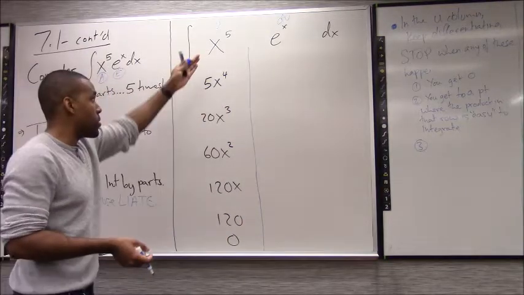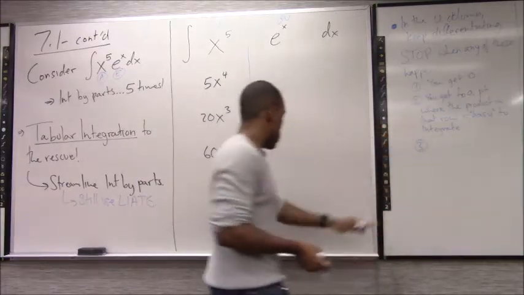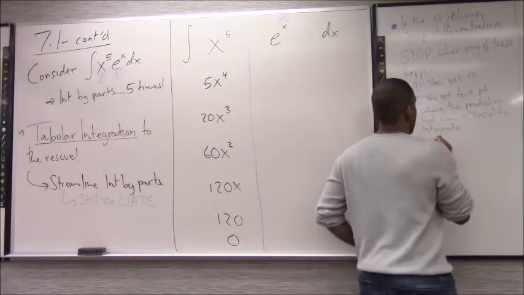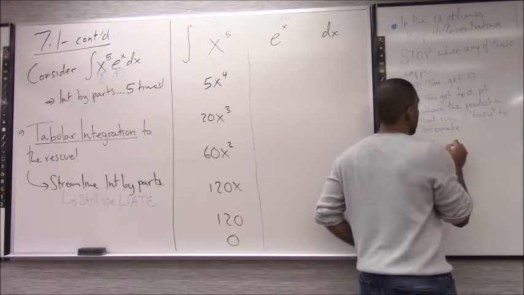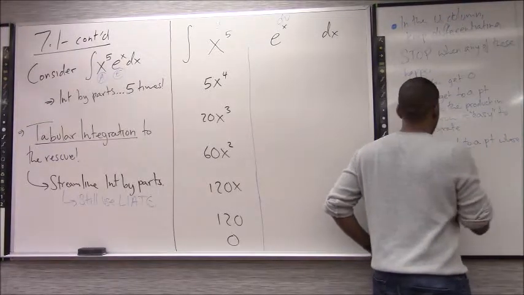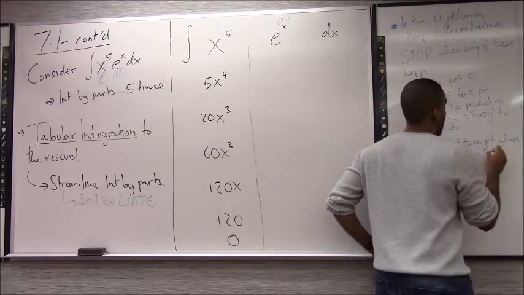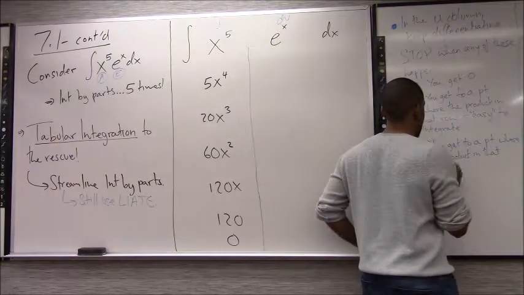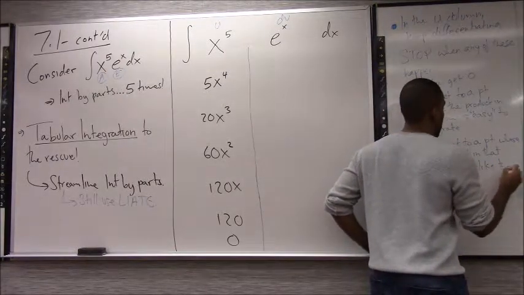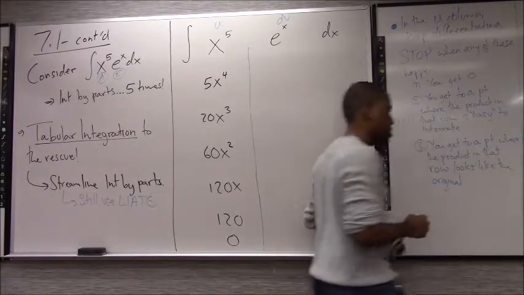So you keep differentiating until either you get a 0, or you notice that the product in that row will be easy to integrate, or you get to a point where the product in that row looks like the original. So that's that revolving integration by parts scenario.